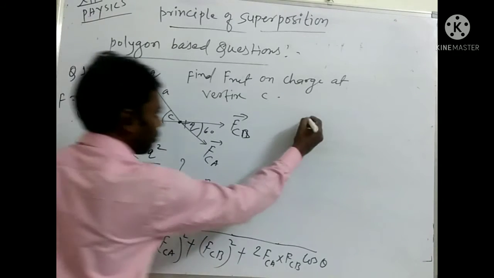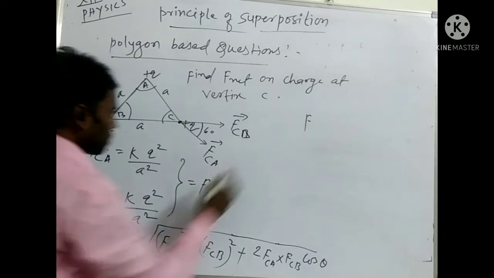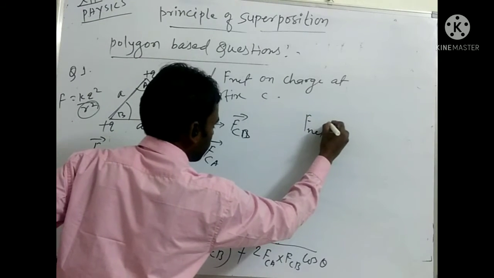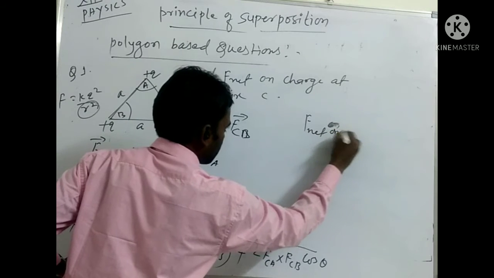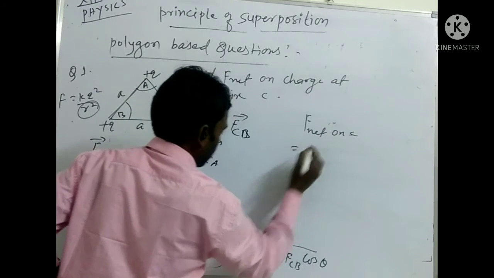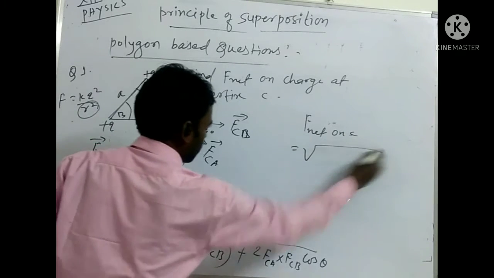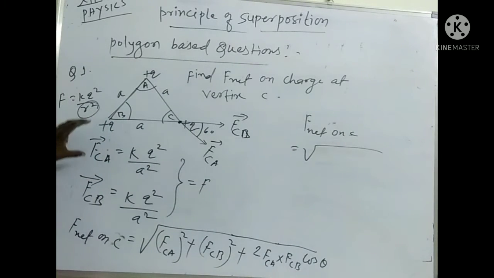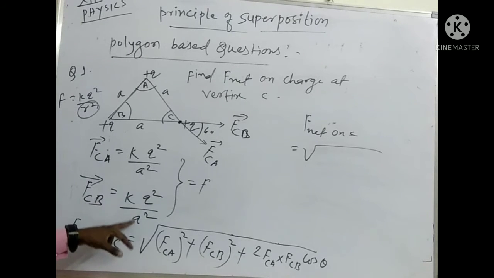That's why our net force on C is, suppose, the magnitude of force on C due to A, and similarly both are the same. FCA equals kQ square by a square, and FCB equals kQ square by a square.